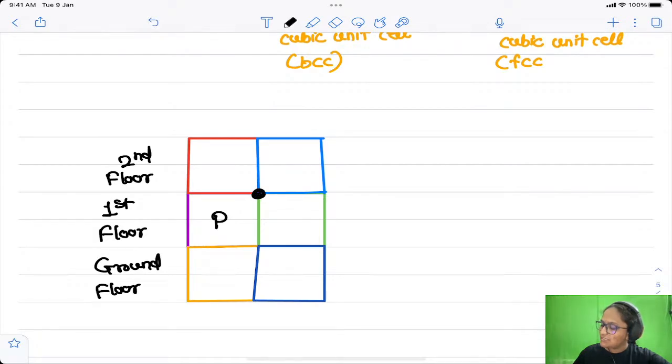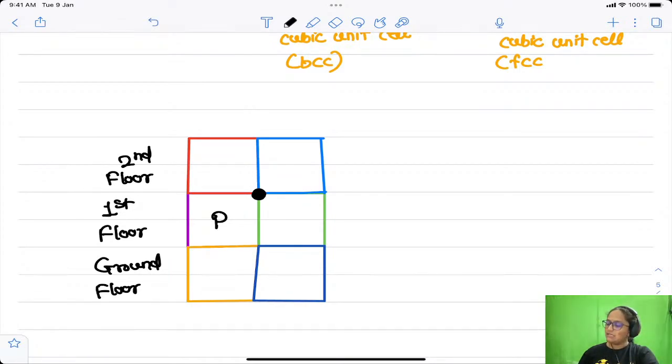now this atom is not only meant for me, even if I am observing it from my side. Some portion of this atom is for me, some portion is for my neighbor from the first floor, and some portion is for the neighbor on the upper layer, which will be the second floor.